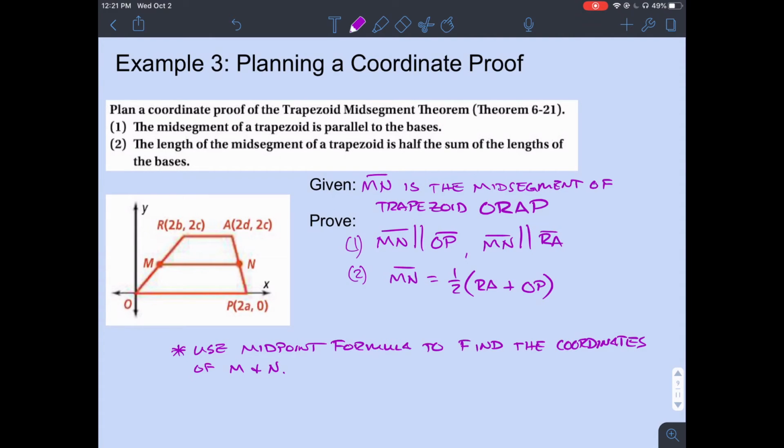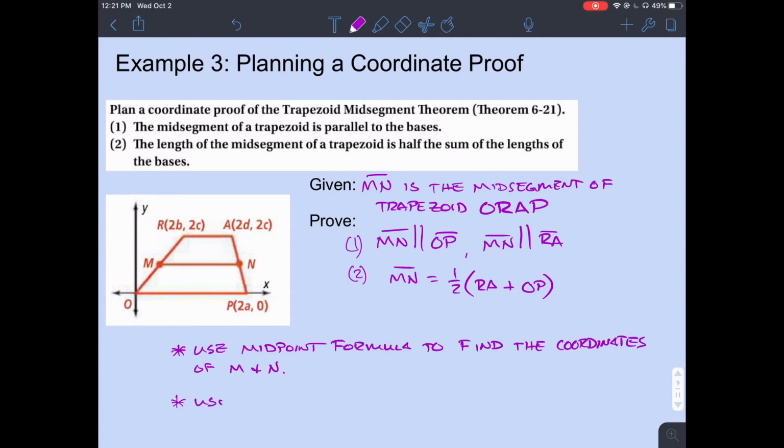So once we have our coordinates, how can we prove that these two lines are parallel? We're going to use the slope formula. Because remember, we learned in lesson 7 that we use the slope formula to prove lines parallel, to show that we have segments parallel to each other.